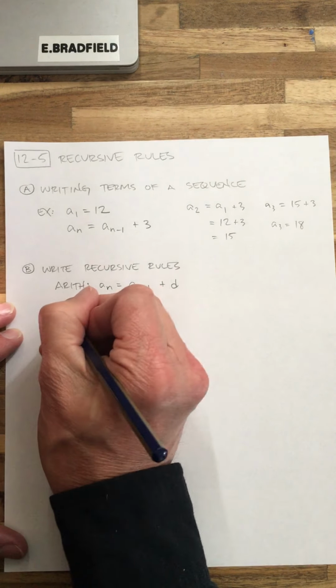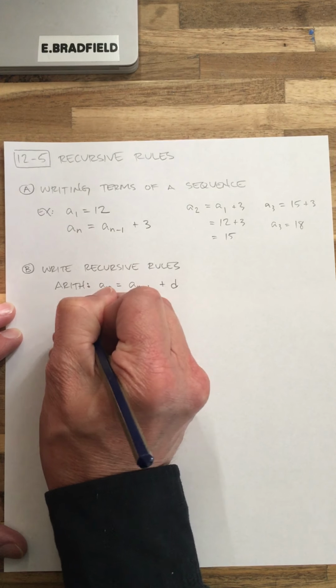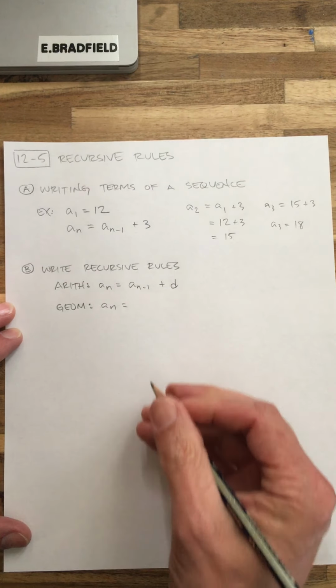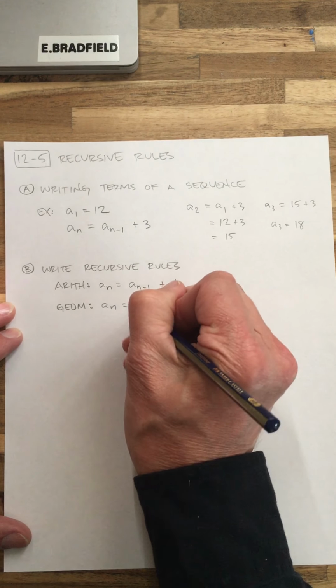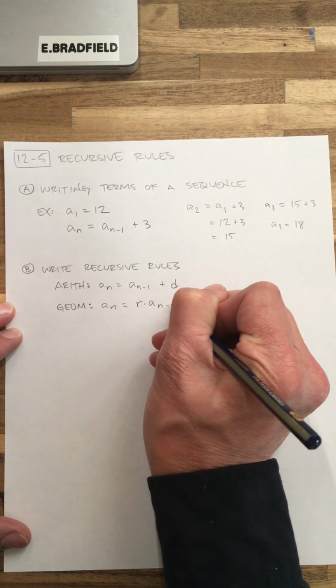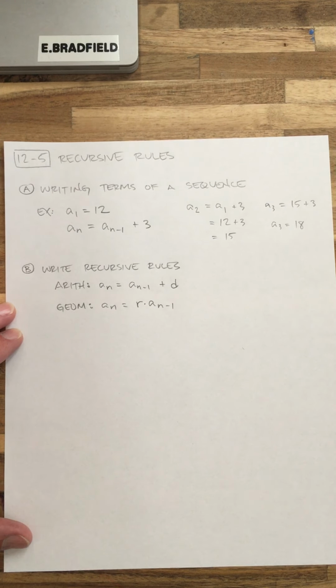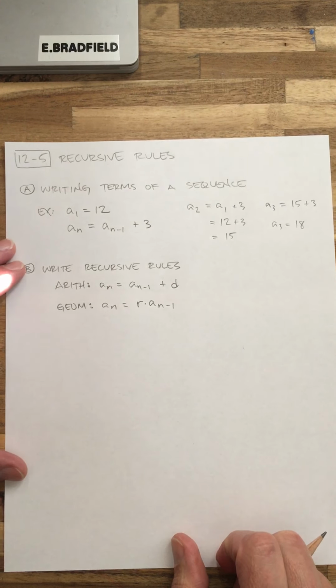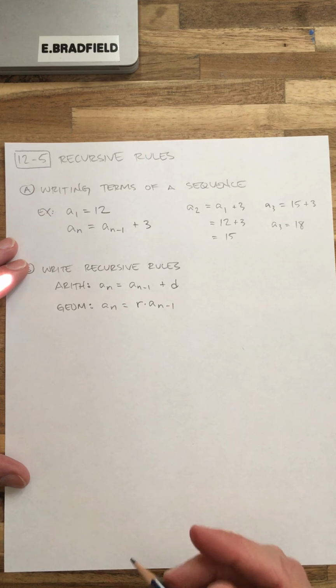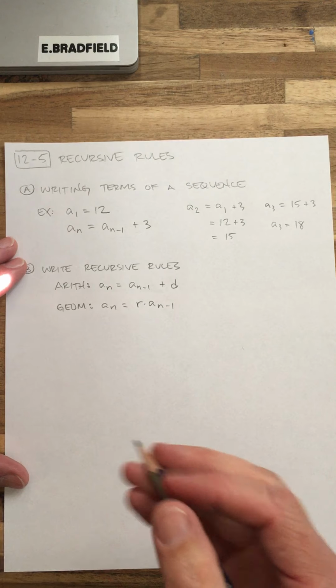And if it's a geometric sequence that you see, then a sub n is going to equal r times a sub n minus 1, and r is the ratio. Sometimes you might not get arithmetic or geometric, but there will be a pattern, and I'll try to help you figure those out.